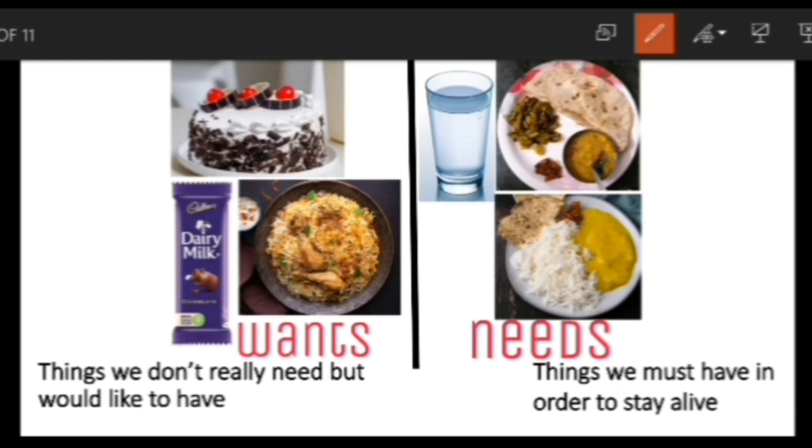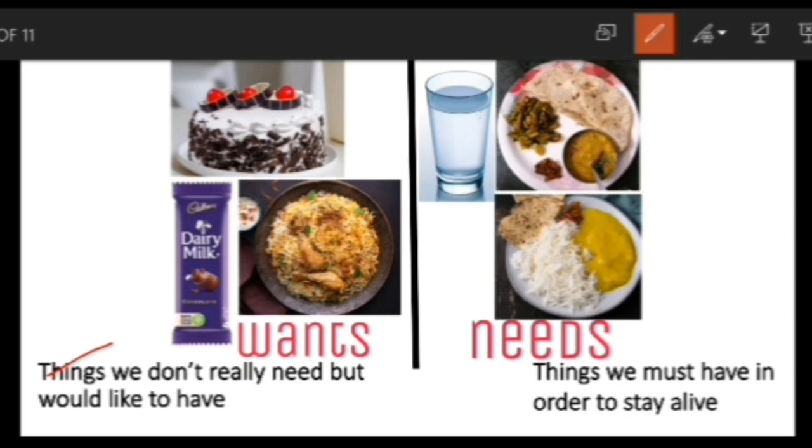But on these types of food we don't usually rely. इन foods पे हमारी survival base नहीं होती है. ये foods occasionally, we want sometimes to eat biryani, or sometimes we want to eat dairy milk, but not on a daily basis. So things we don't really need but would like to have are known as wants.